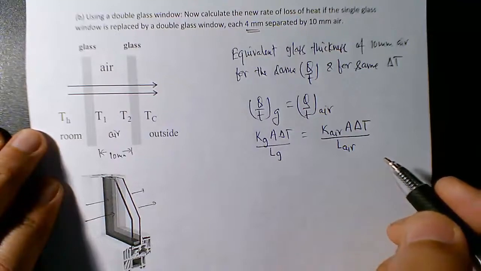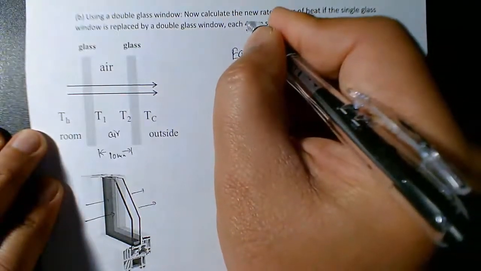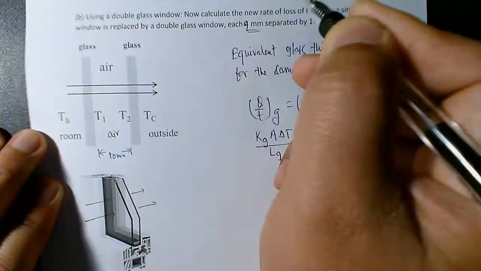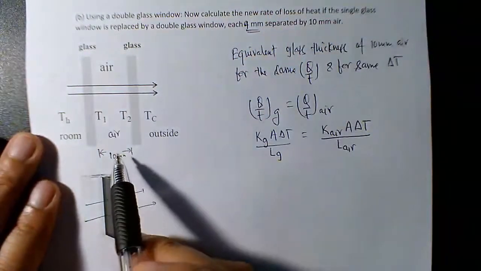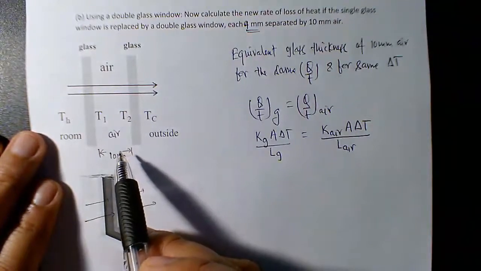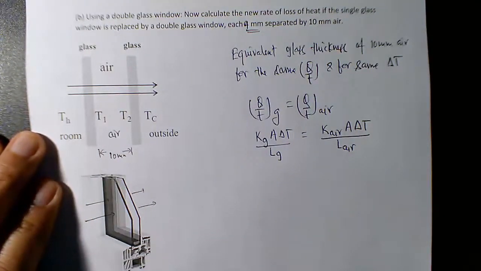In the first part, the glass was 4 millimeter thick.